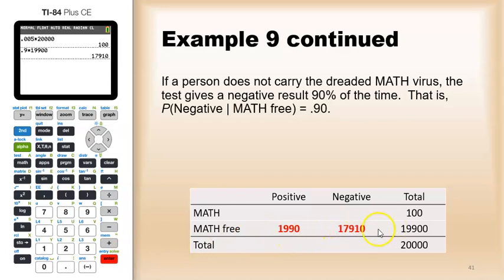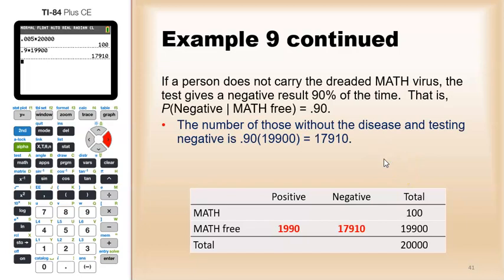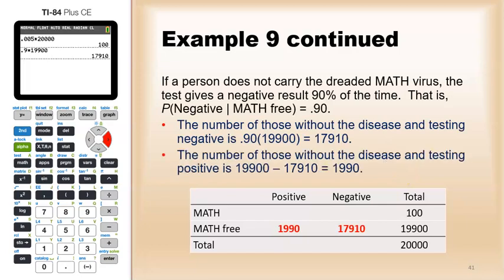So out of those who don't have the virus, 17,910 will test negative. And then by subtraction, if the 17,910 test negative, that means 1,990 people don't have the virus but test positive anyway.